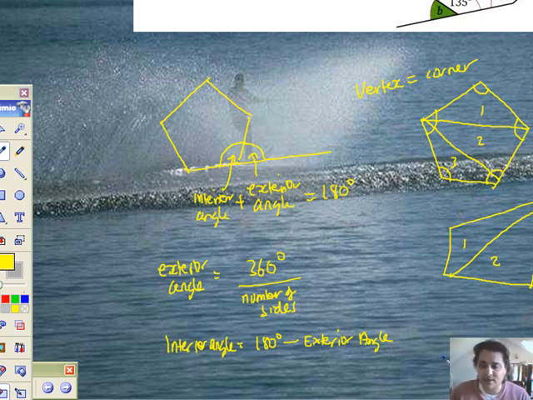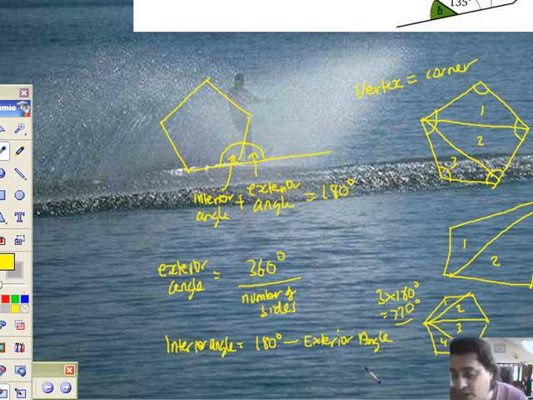A 6-sided shape, let's hope I've got some space to do it here. 1, 2, 3, 4, 5, 6. There's a hexagon. Pick a corner, you to you, you to you, and you to you. Look, 1, 2, 3, 4 triangles, 4 lots of 180. I know that comes to 720, not because I'm clever, but because I've got years of experience of doing this.